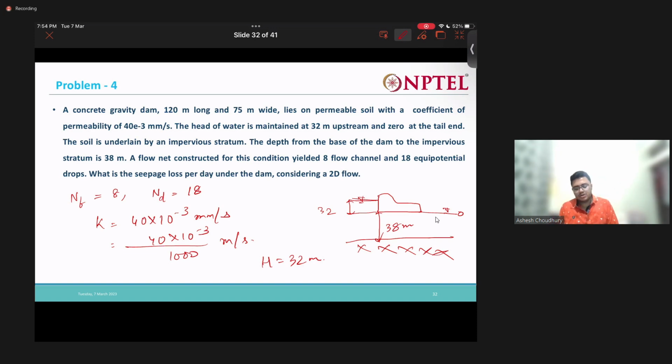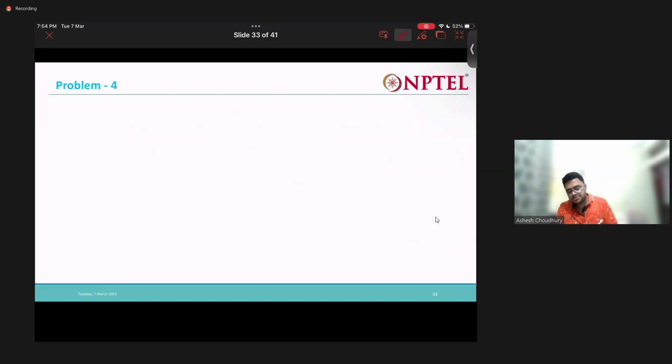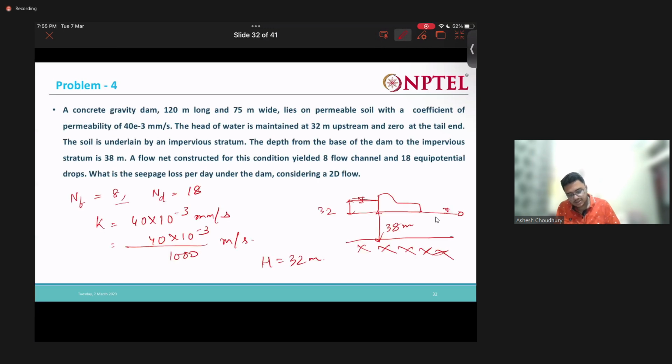So what was the expression for Q for a homogeneous isotropic soil? Q is K H NF by ND, correct. So K is 40 into 10 to the power minus 3 by 1000, H you already told it's 32, NF is 8 and ND is 18.